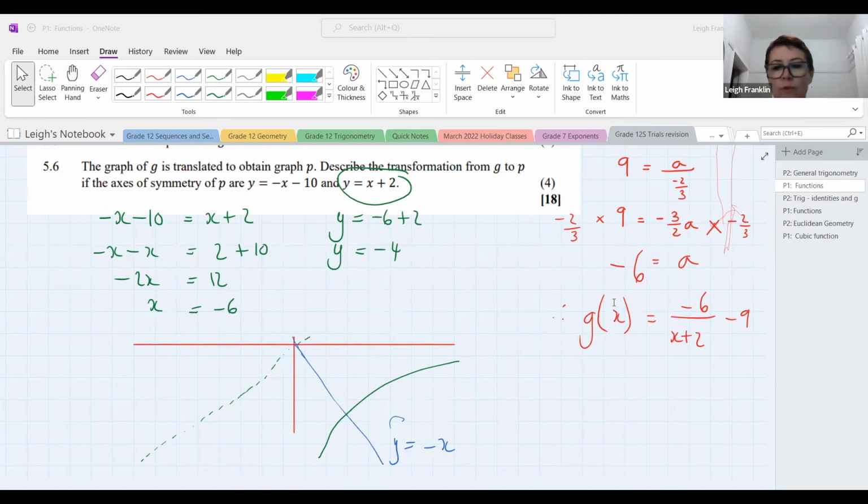Up and down, we've got to compare y equals -4 with what number? Absolutely, with the -9. Because remember, this over here is our vertical movement, isn't it?